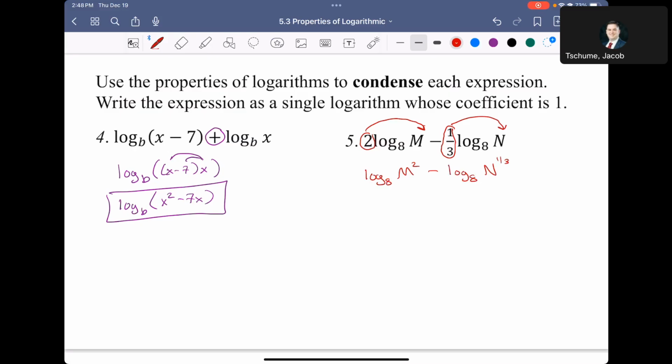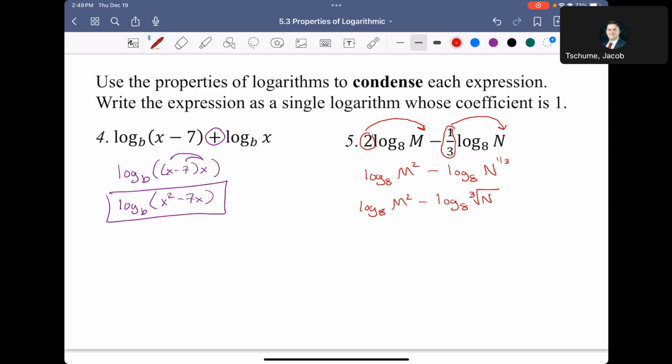Now, m squared can't be simplified anymore, but n to the 1/3, we've talked about that a few times now in these videos. You can rewrite that. So we'll have log base 8 of m squared minus log base 8 of, and remember, n to the 1/3 is the same thing as the cube root of n. Now that I've simplified what's inside the logarithm, my attention turns to what's between them.